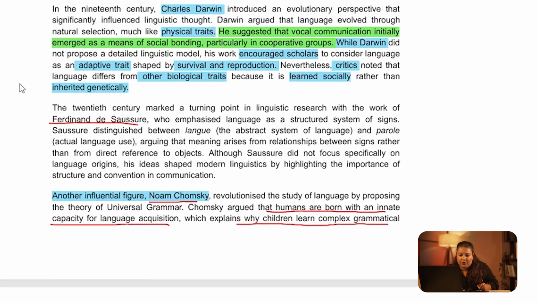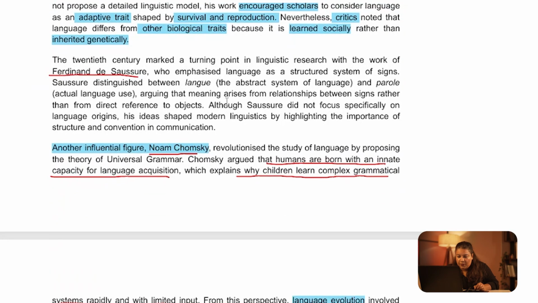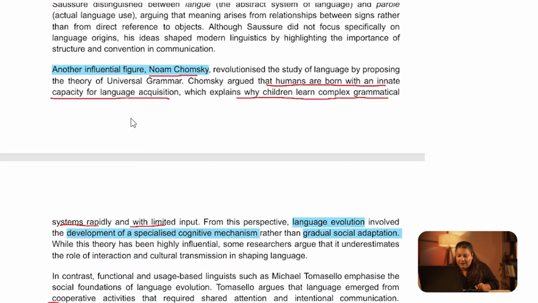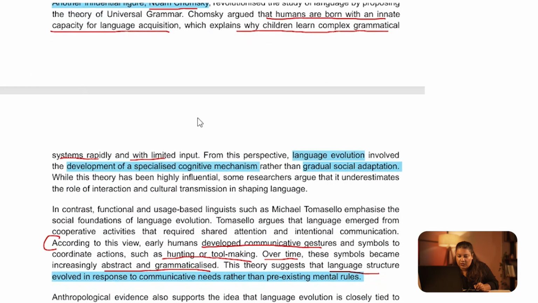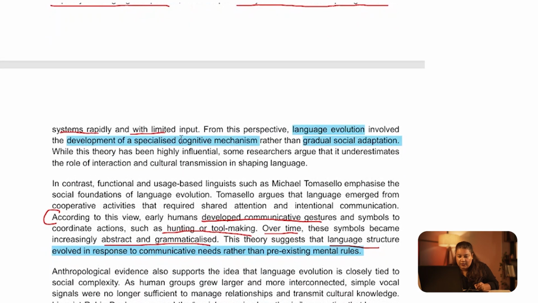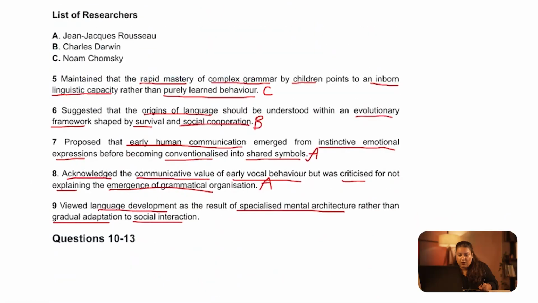We don't have anything talking about mental architecture here, not in this paragraph. So in Noam Chomsky's paragraph, we could see very clearly it says, from his perspective, language evolution involved development of specialized cognitive mechanism, which is again mental architecture rather than social adaptation. So we do have it here. So my answer to this question is going to be option C, Noam Chomsky.